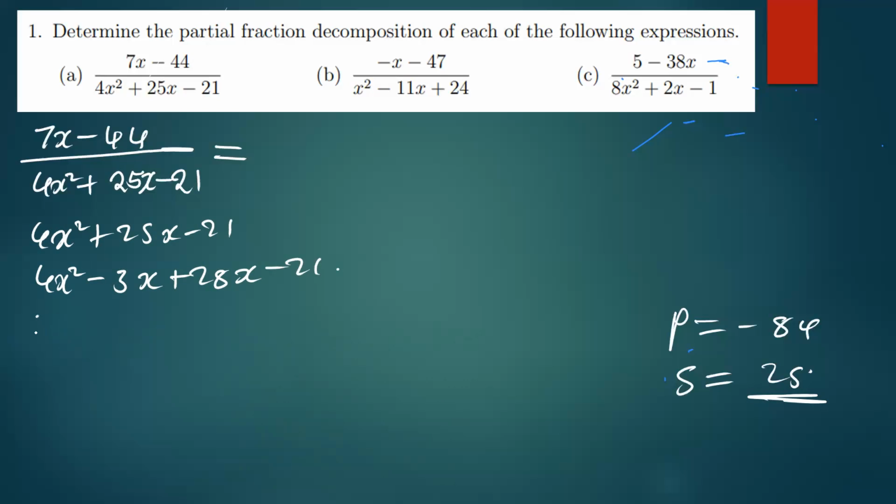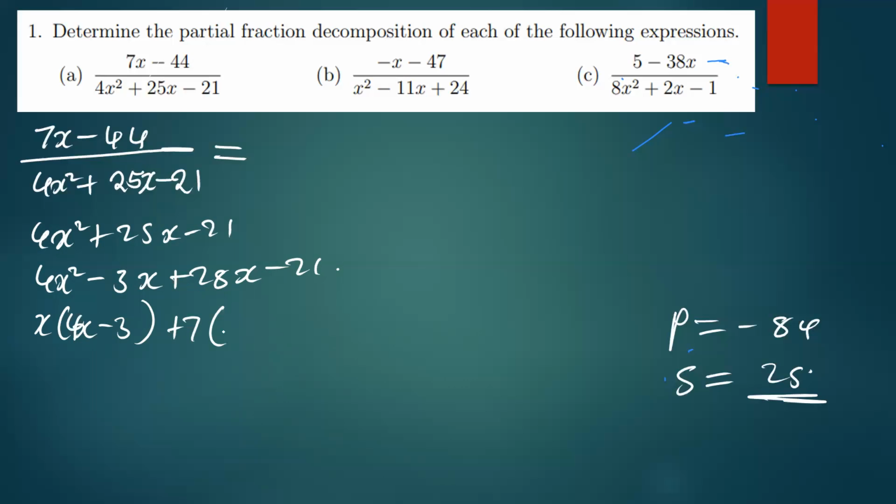So find a common factor there. We have x, then we have 4x minus 3. And then what is common is 7. So we say plus 7, open brackets.